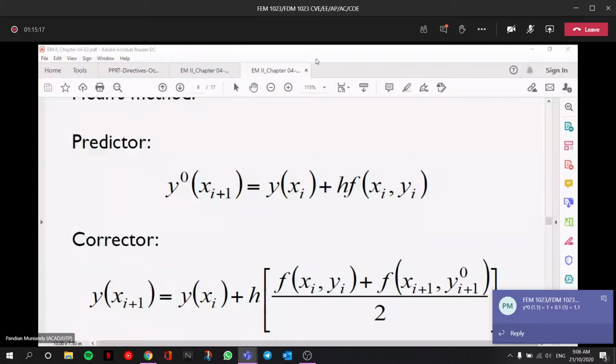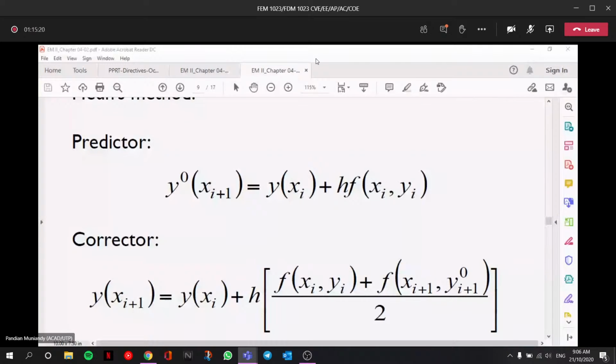You are given y at x equals 1 is 1, plus h 0.1 plus f of 1. You must put inside the dy/dx, that is your f(x,y): x1 multiplied by root of 1 is 1. Root 1 is 1. 1 multiply 1, 1. 1 multiply 0.1, 0.1, plus 1, 1.1. Can you get this, class?